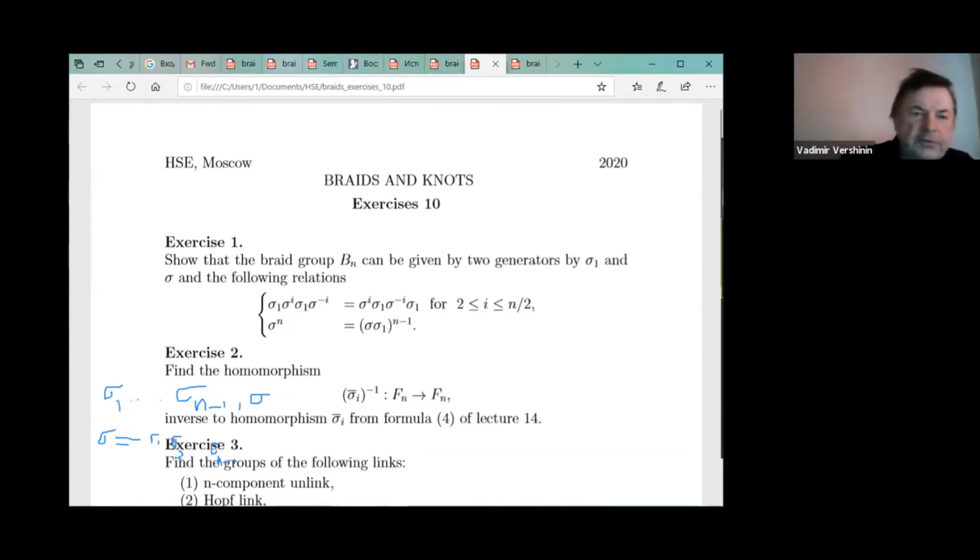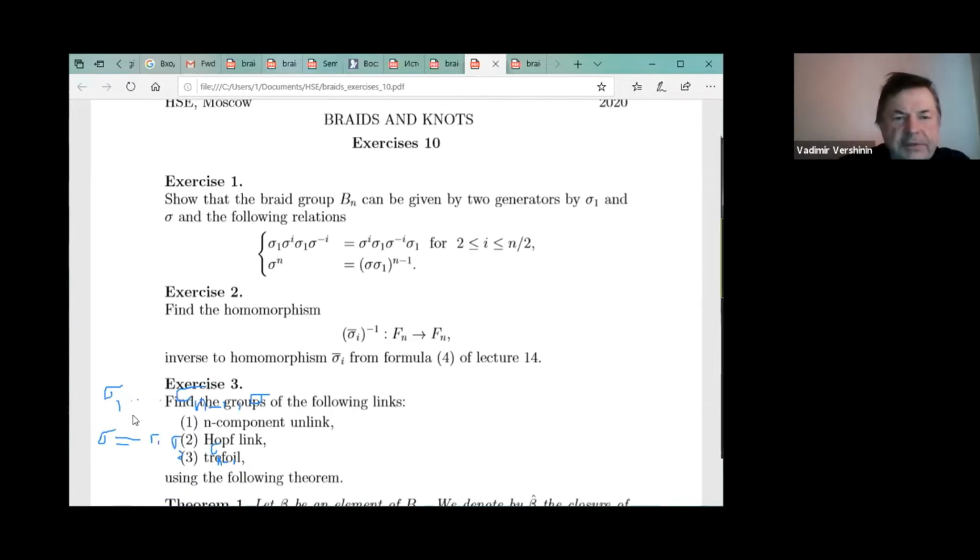So this is the scheme, esquisse, if you want, of the proof of this exercise. I think we shall not spend more time on this.